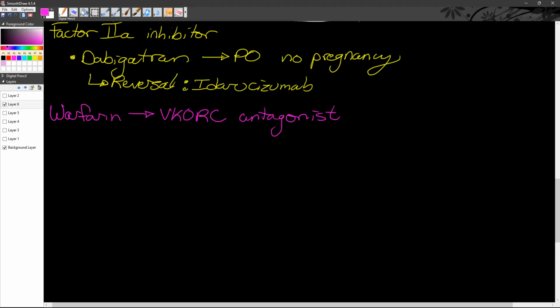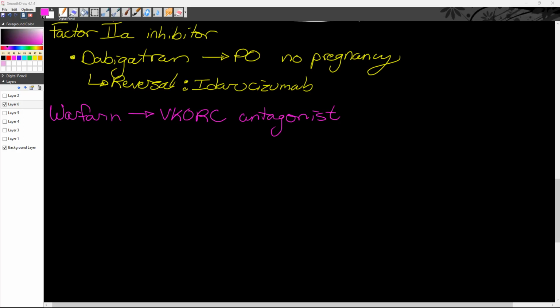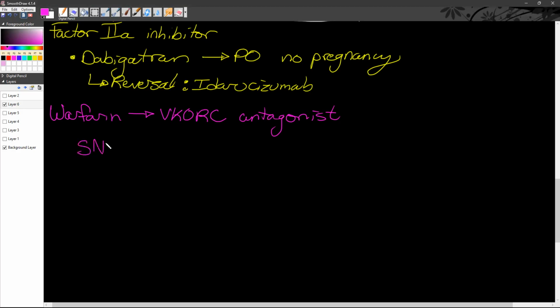And what we call these is the SNOT factors. So warfarin works on the SNOT factors, which is, oh god, 7, 9, 2, and 8, I think is what.